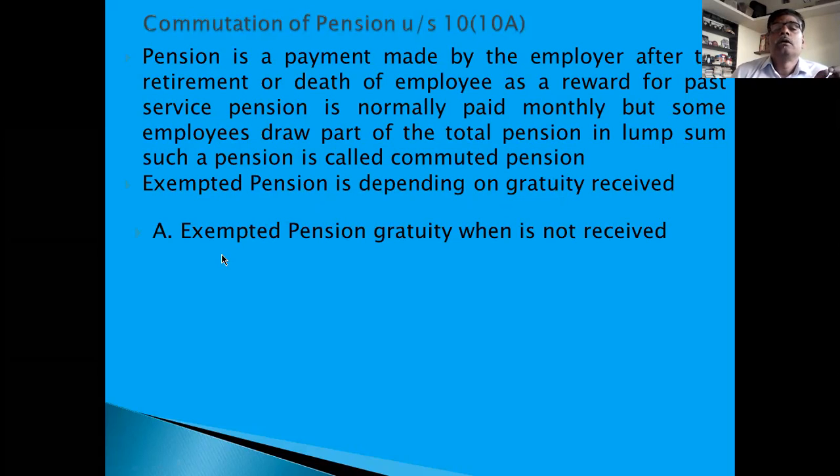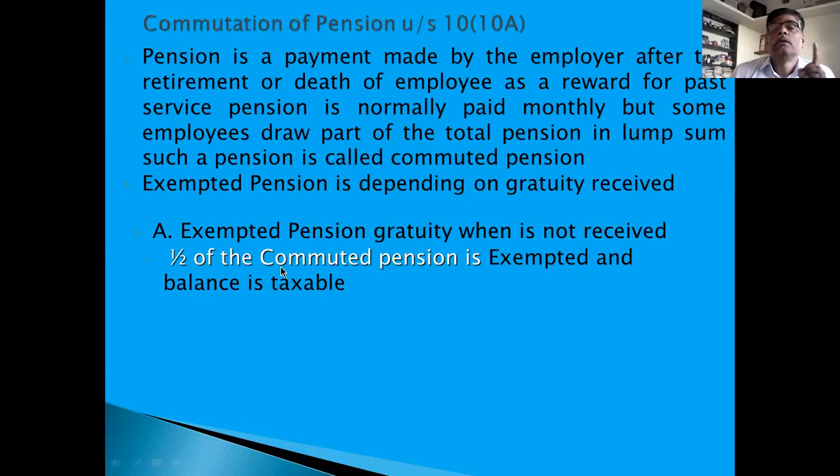First condition is exempted pension when gratuity is received. In this case, half of the commuted pension is exempted.